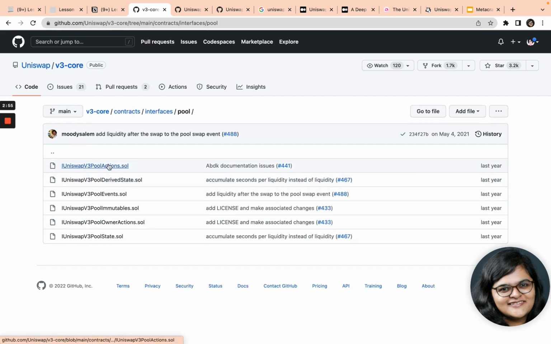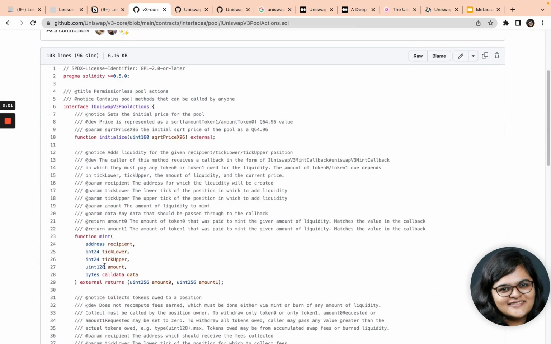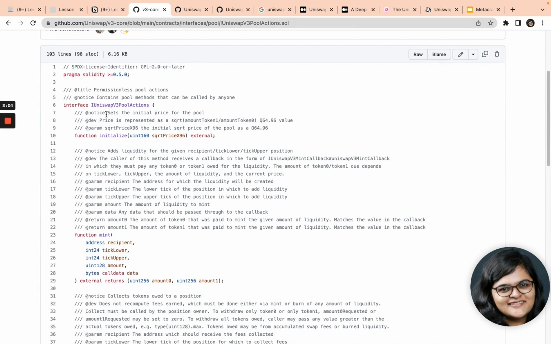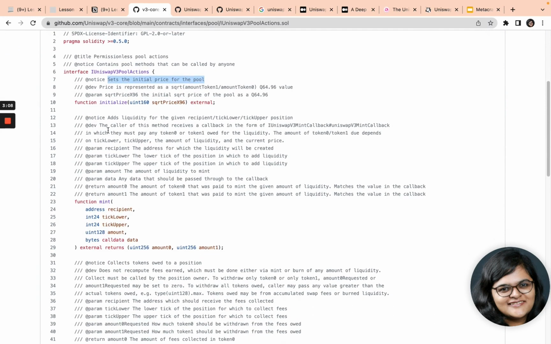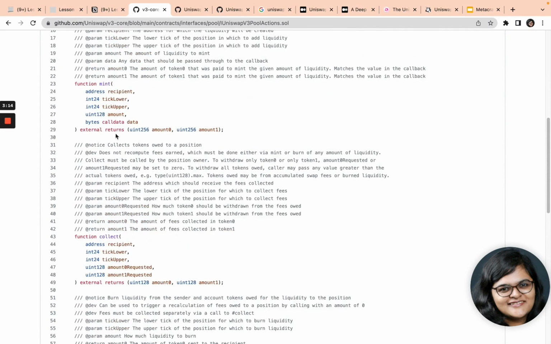Yep, the pool directory. So you can see the different pool actions. You have initialize, you have mint, right? Initialize will set the initial price for the pool. Mint will actually add liquidity for the given recipient, right? And then there is collect. Collect will collect the tokens owed to a particular position.